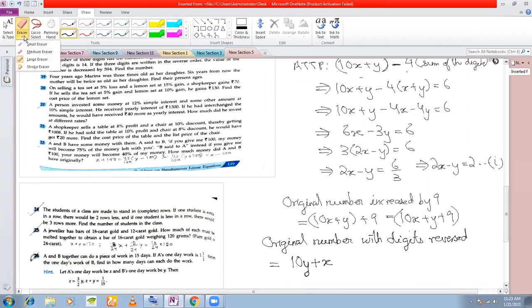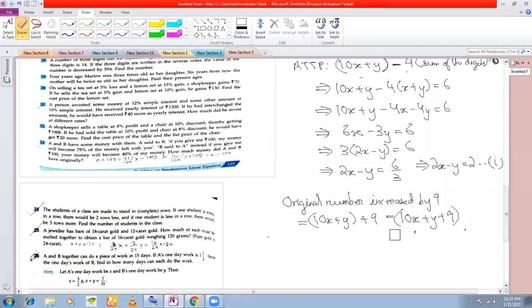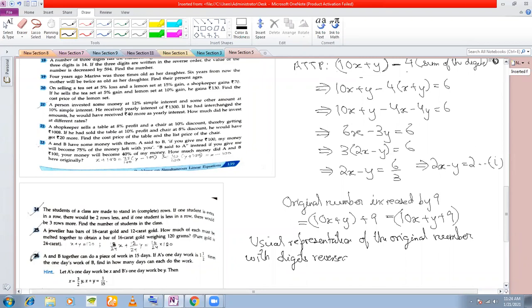Or let's say the usual representation. Since I have said usual representation, let us first write the usual representation of the original number with digits reversed, is equal to yx, right?